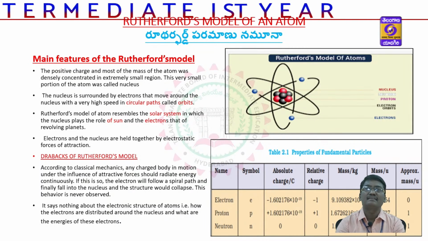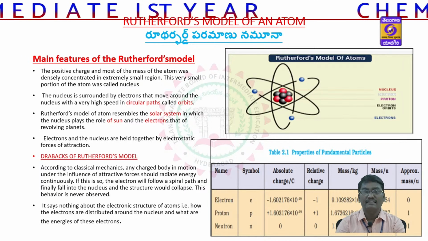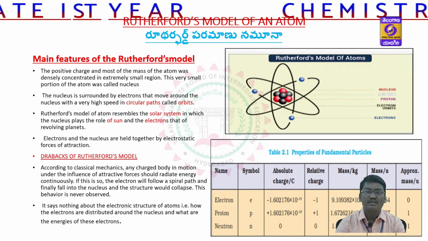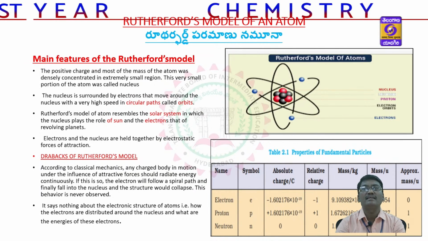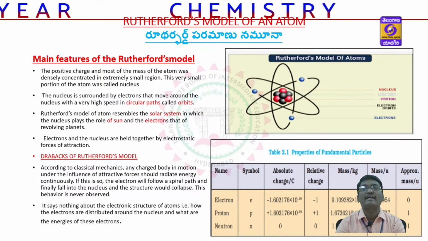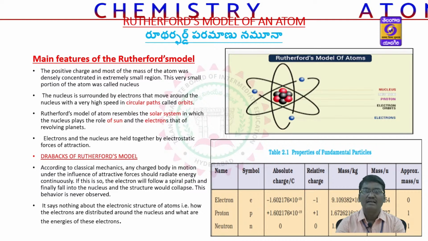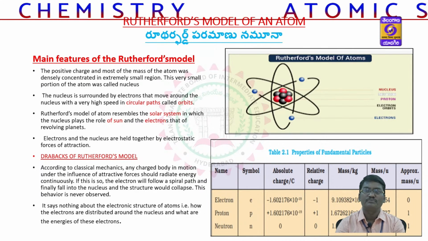Remember, in the drawbacks, this is a very important point. The electron, like a charged particle, if it is continuously moving, has to lose its energy, and it would spiral in and fall in the nucleus, but it is not happening. This is not explained by Rutherford.